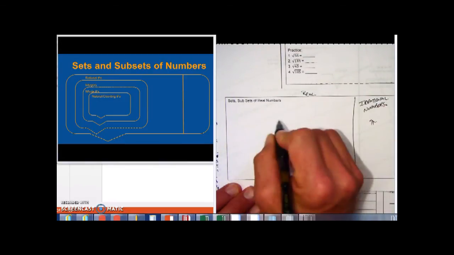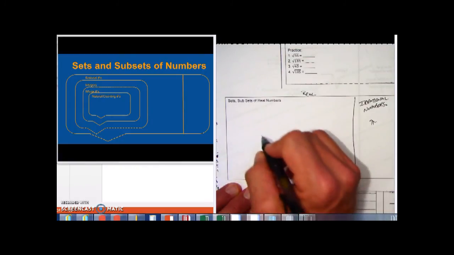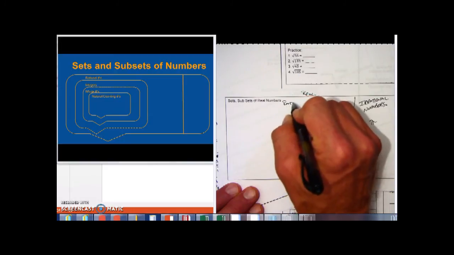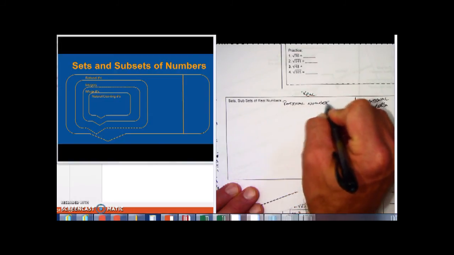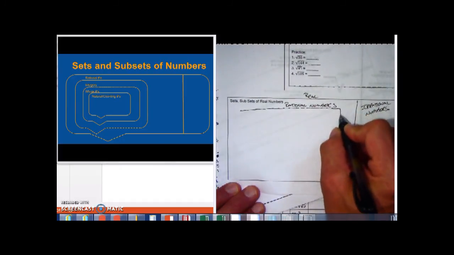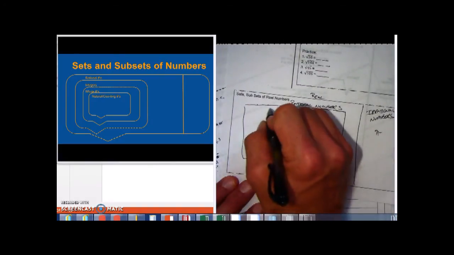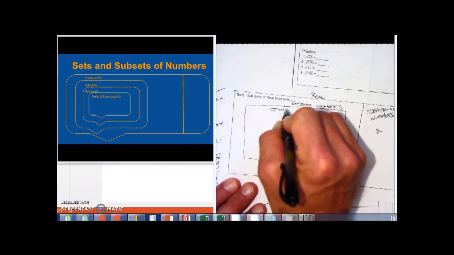Okay. So in our sets and subsets of rational numbers, we have rational numbers, and inside of rational numbers, what's the next level? Integers.